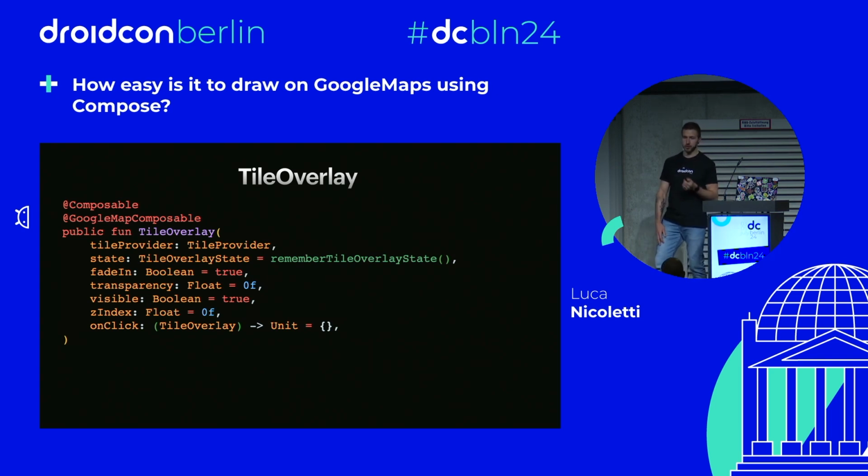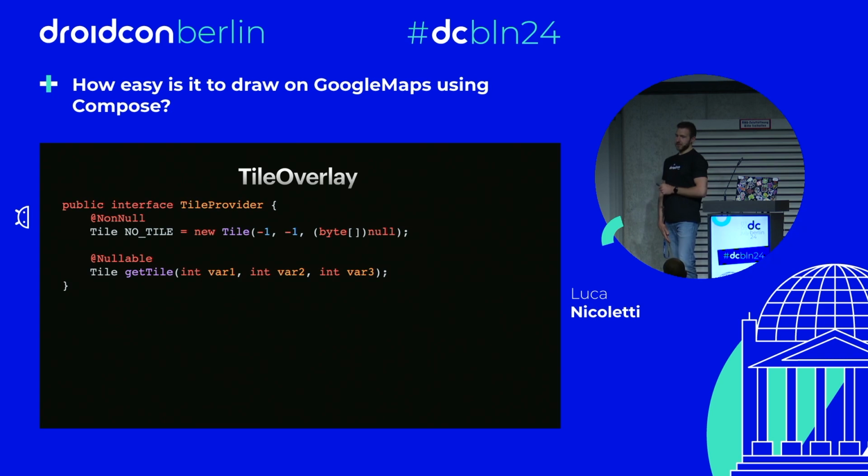You can choose if the image is faded in or not. You can apply a transparency, and you can handle the on-click of the tile overlay. As you can see, the tile overlay and the ground overlay as well have a z-index parameter, so Maps knows how to render them one on top of the other if you specify multiple of them.